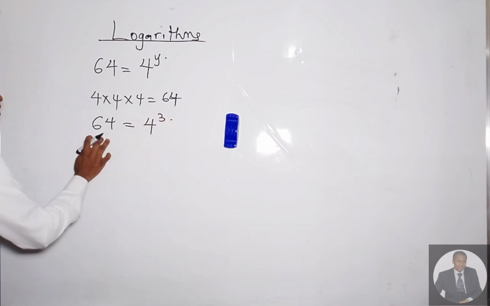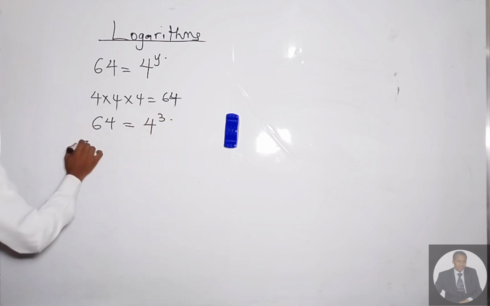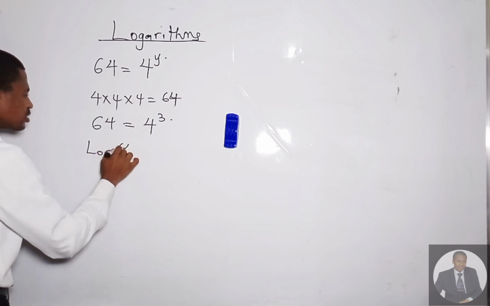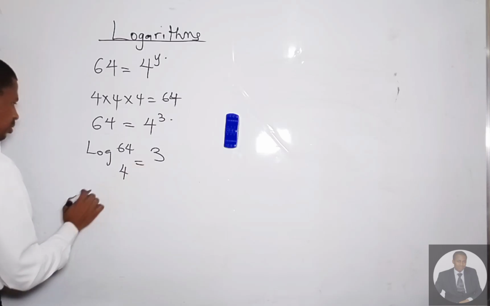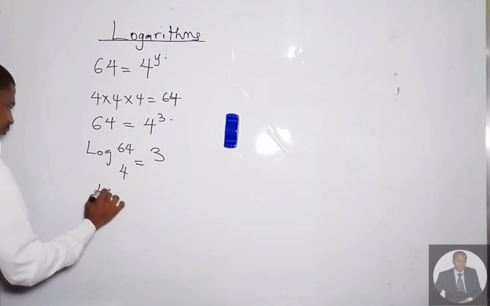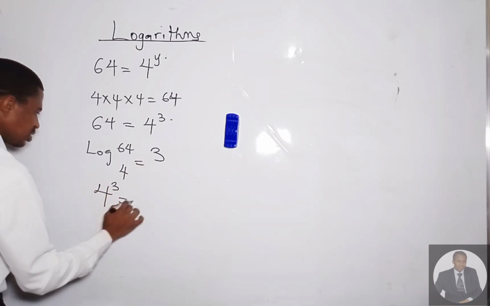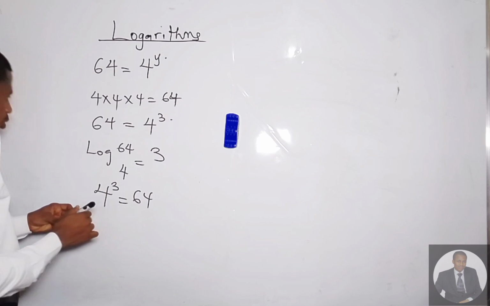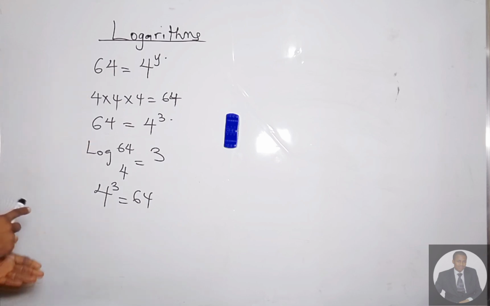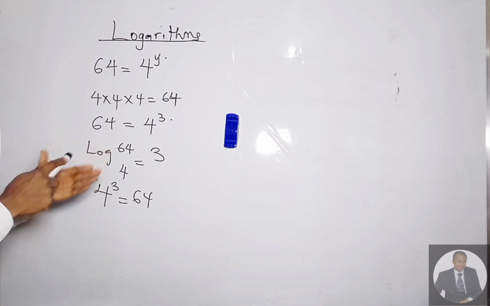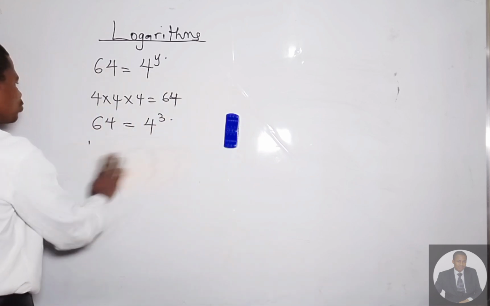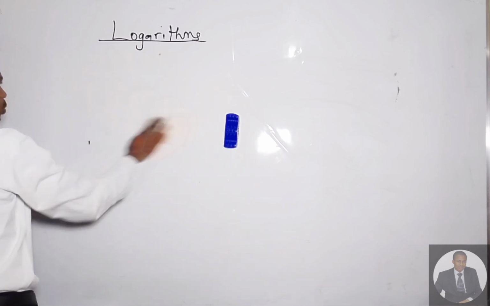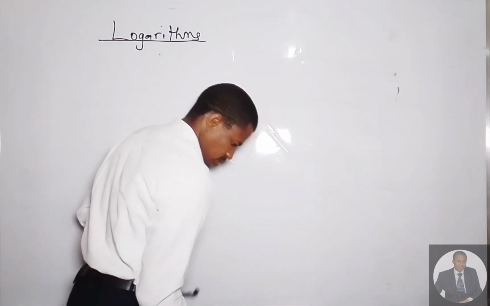So if we want to find the logarithm of 64, we say the logarithm of 64 to the base of 4 is 3, or we say 4 to the power of 3 is 64. So logarithm and indices we use them pari passu.